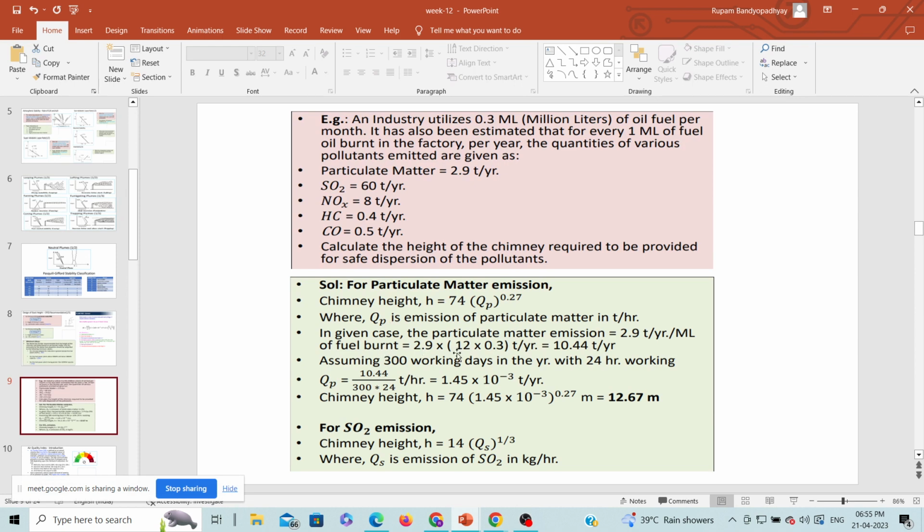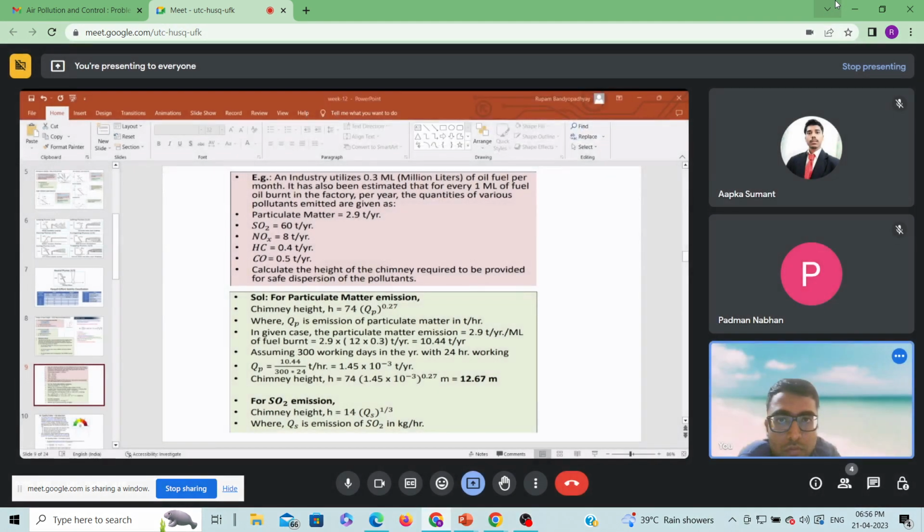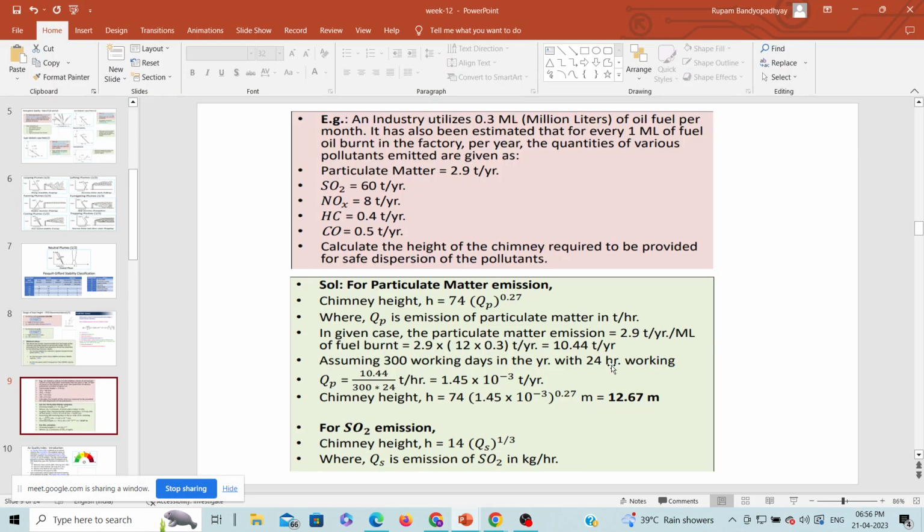So what will be the emission per year? For 1 million liters this much emission is observed, so for 3.6 million liters, what will be the quantity is calculated.